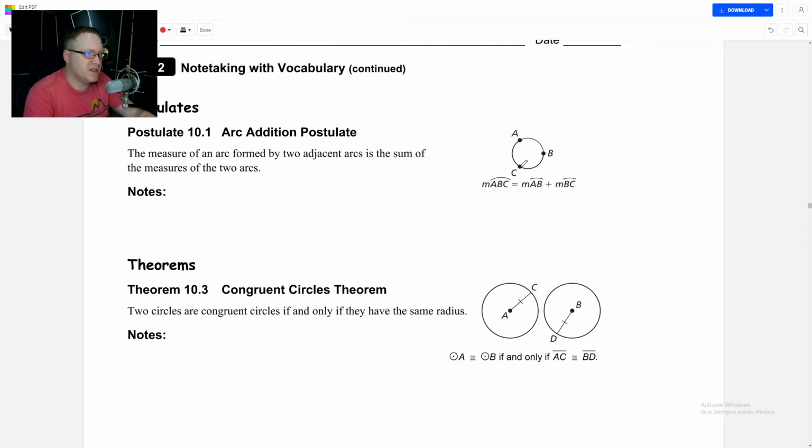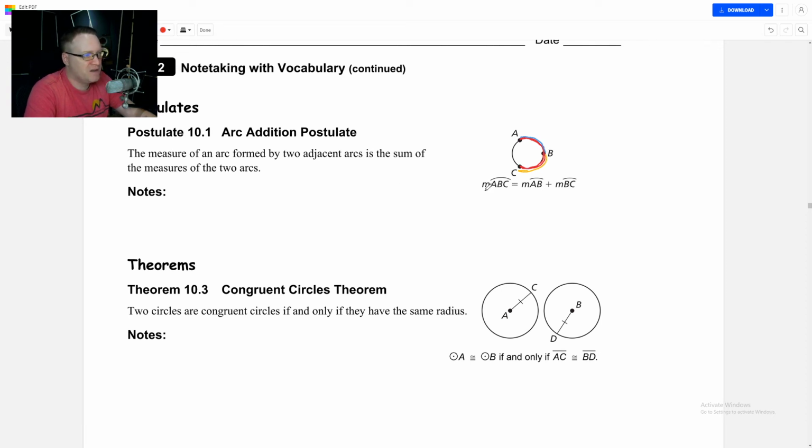And it just tells us that if I want to know this arc from A, B, C, all right? If I want to know what is the measure of this arc, right? Well, if I know the measure of AB from here to here, and if I know the measure from B to C from here to here, well, A to C is going to equal the measure of A to B plus the measure of B to C. All right, so that's what this is saying.